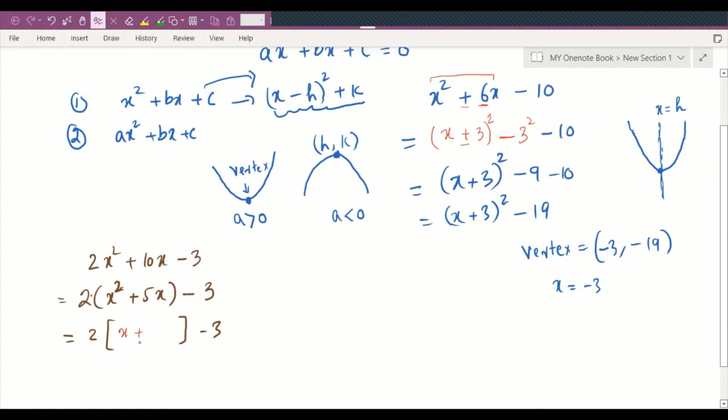If it is plus, it will be plus here. If it's minus, we have to write minus here. So half of 5 is 2.5, squared, and then minus the square of 2.5.